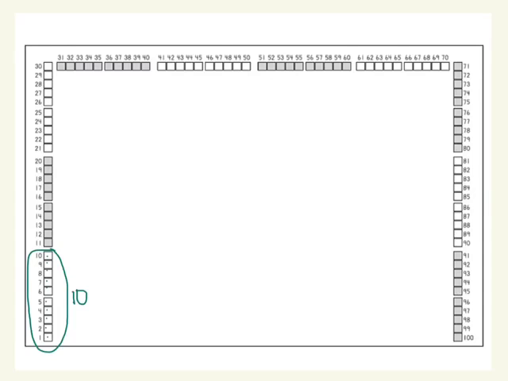Let's circle another group of 10. 1, 2, 3, 4, 5, 6, 7, 8, 9, 10. Circle that. Now I have two groups of 10, and we can count 10, 20. Now, of course, we could count to get to 10, but I think we're all really good at our 10 count bys.